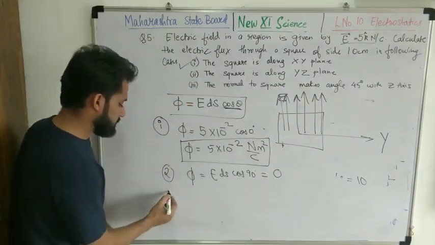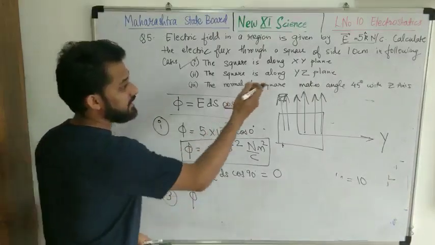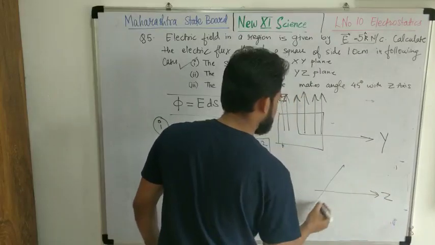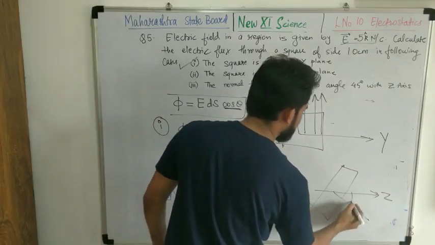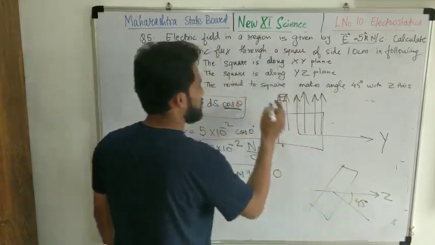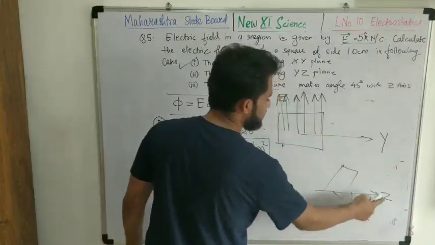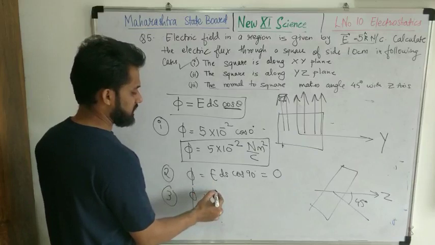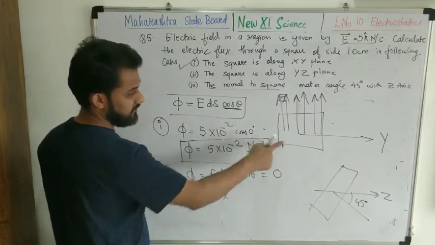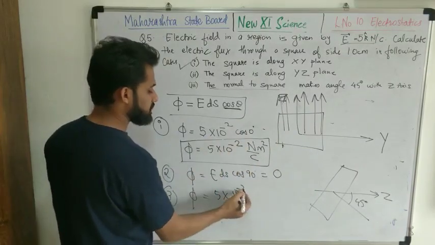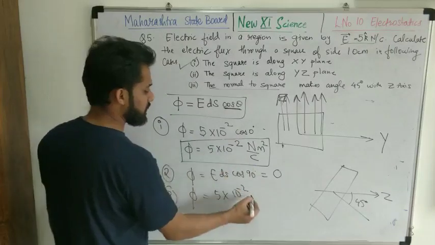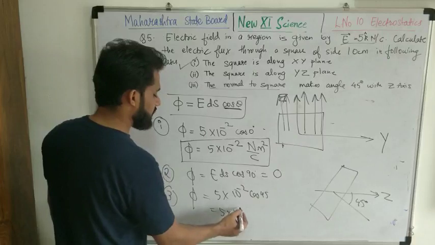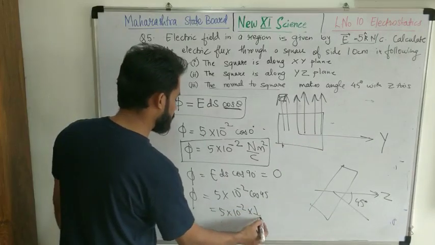And in the last case, the angle is given with the z-axis. The normal to the square makes 45 degrees with the z-axis. So if you substitute the data, E is 5, ds we have calculated previously, it is 10 raised to minus 2 SI units, and cos 45. So the answer is 5 into 10 raised to minus 2 into 1 by root 2.